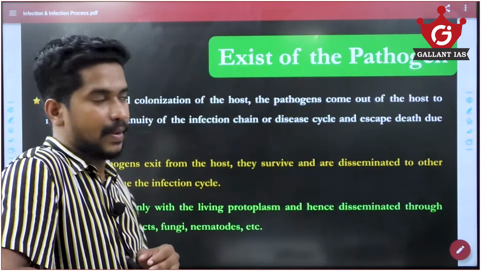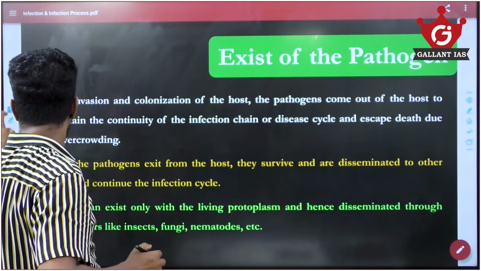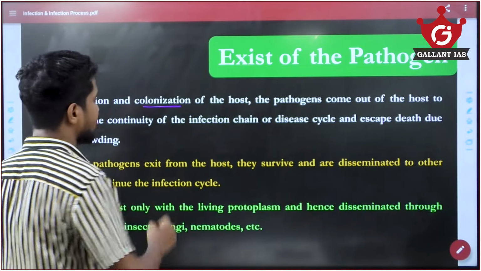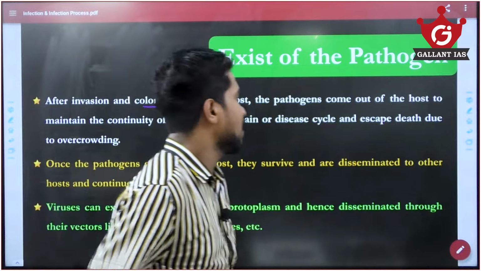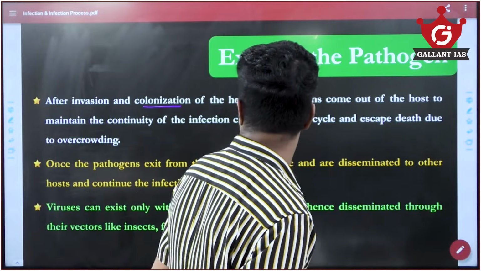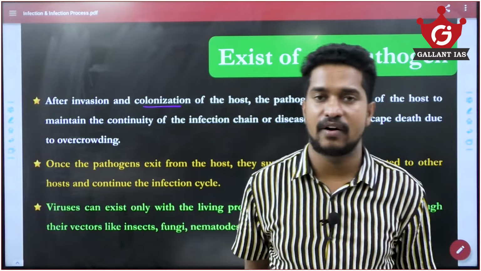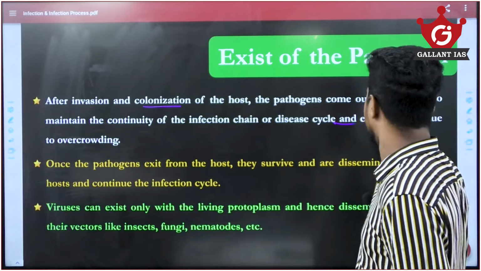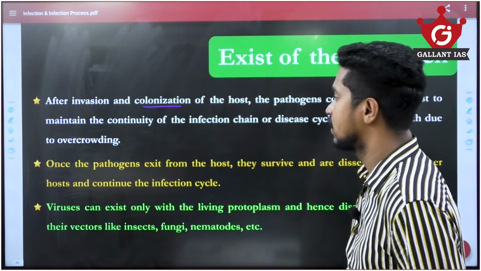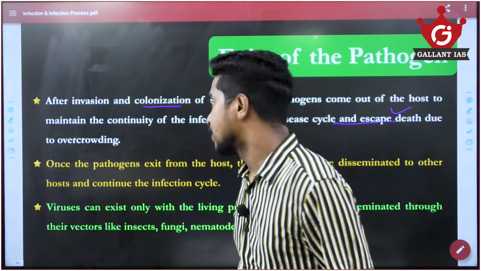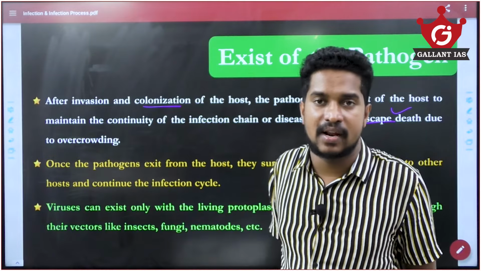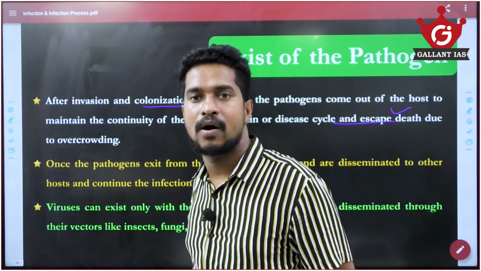Exit of the pathogen. After invasion and colonization of the host, the pathogens come out of the host to maintain the continuity of the infection chain or disease cycle and escape death due to overcrowding.